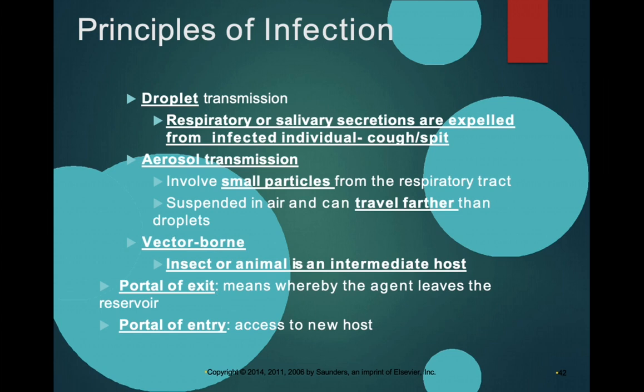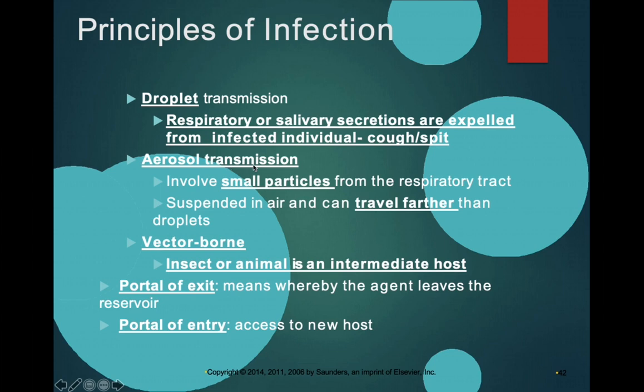We have these droplets, which can be transmission, or even aerosol could be transmission. And they're kind of similar, except aerosol transmission can be spread a little further because they're lighter. Droplets are a little bit heavier. They could be spread when respiratory or salivary secretions are expelled from an infected individual, like if someone spits or they cough.